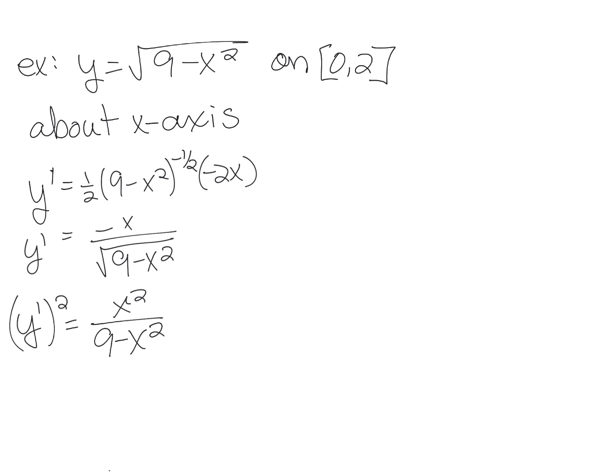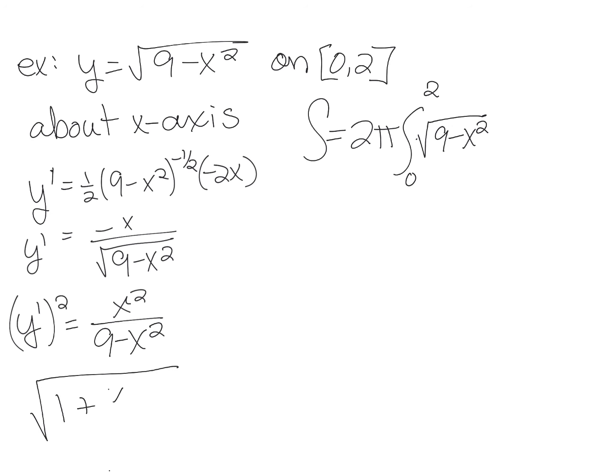We get 9 minus x squared in the denominator. Now we're going about the x-axis, so the curve itself is going to be the radius. And we're going to get 2 pi from 0 to 2. The radius is the curve. And we're going to have, let's do the square root of 1 plus this down here in our cheater box.